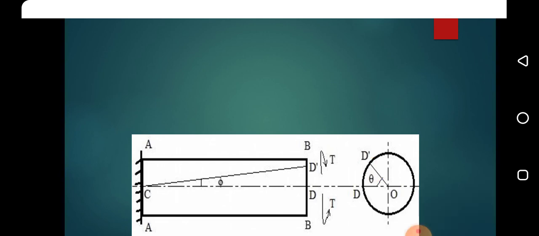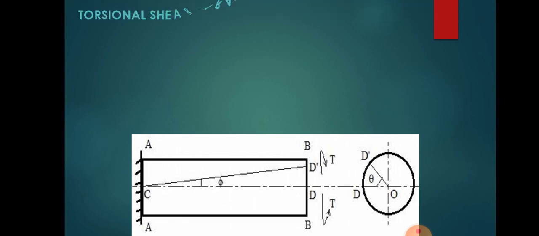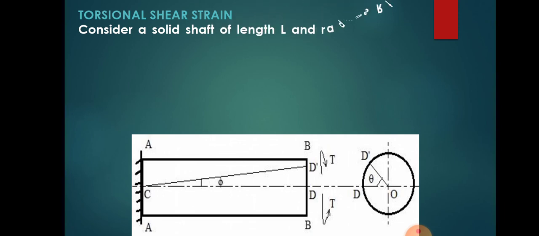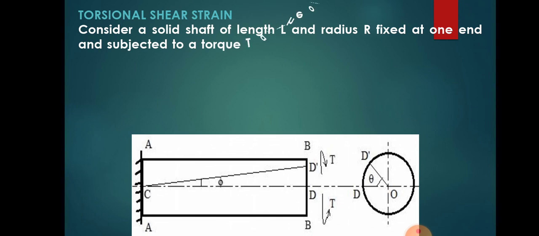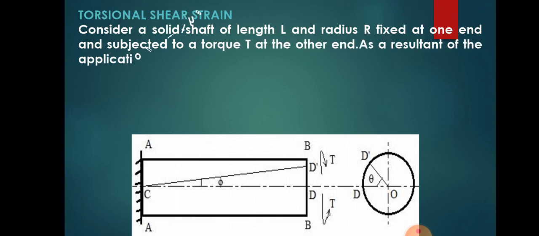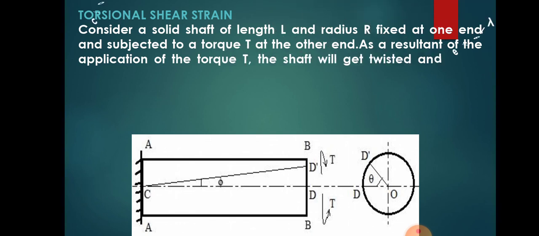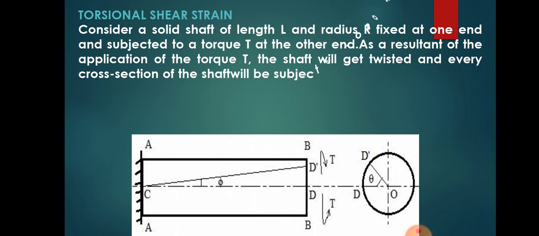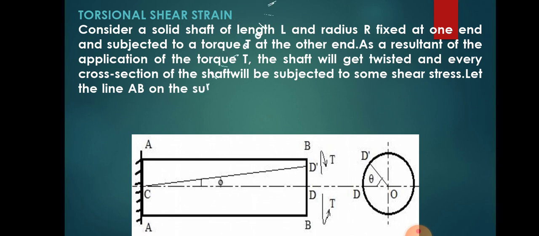Now see the book definition. Consider a solid shaft of length L and radius R fixed at one end, then twisted, subjected to a torque T at the other end. As a result of the application of the torque T, the shaft will get twisted, and every cross section of the shaft will be subjected to some shear stress.